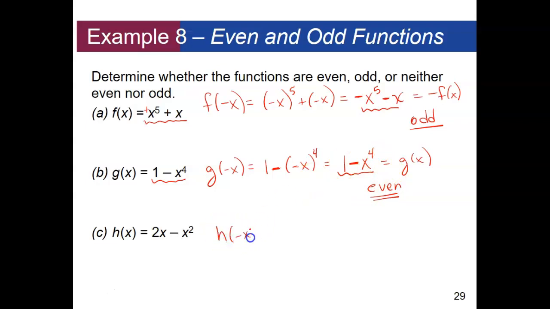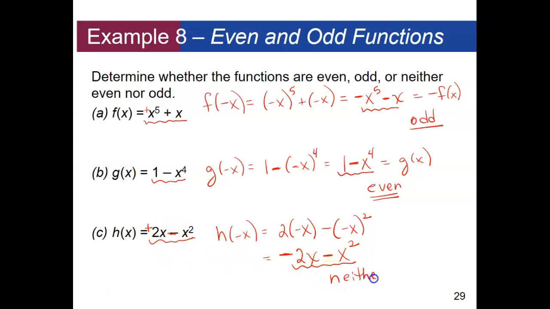Here, I'm going to evaluate it at negative x. So this will be negative 2x minus, this is going to be x squared. Okay, so I'm going to compare this to this. So here, this was a positive, and now it's moved to a minus. But here it's a minus, and it stayed a minus. So it's not the same, and it's also not the opposite signs. So this one's going to be a neither case.